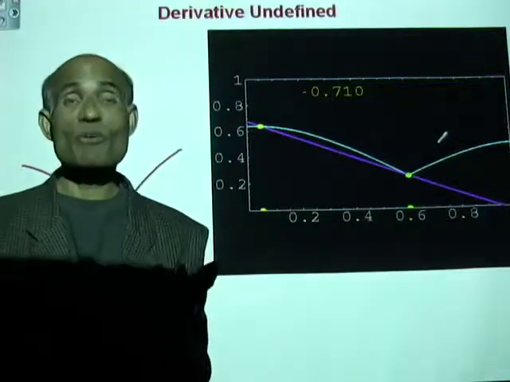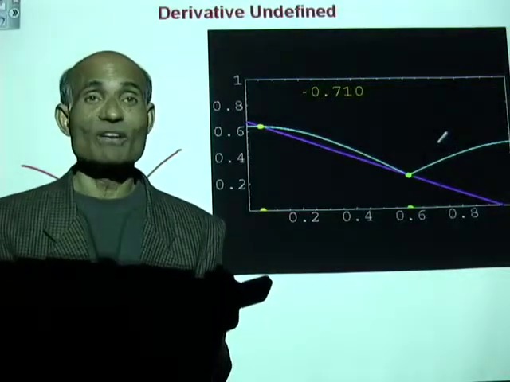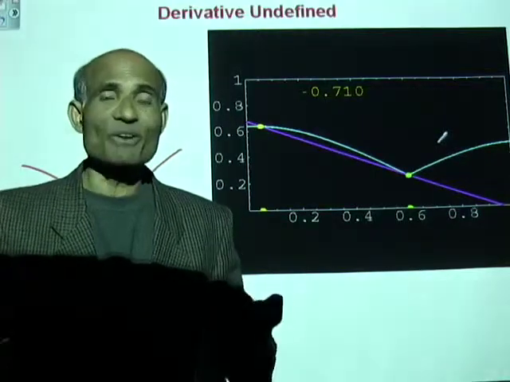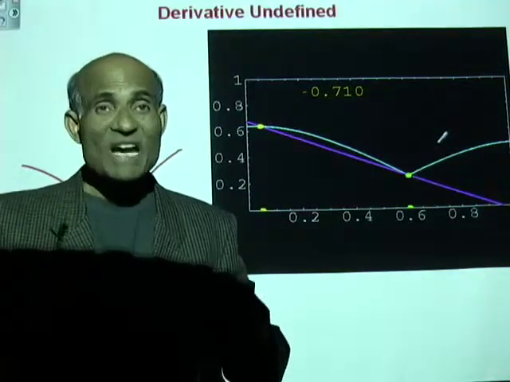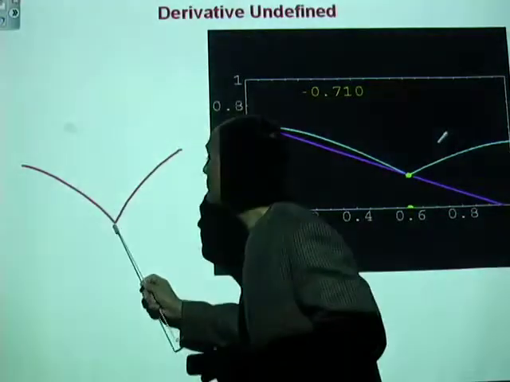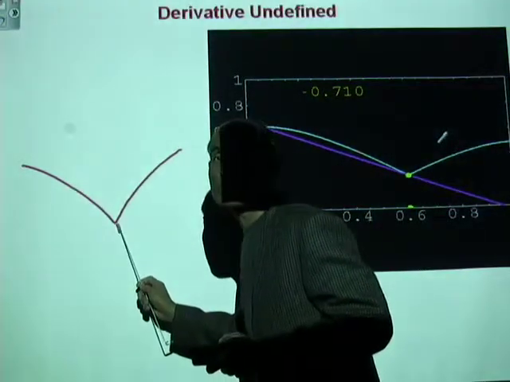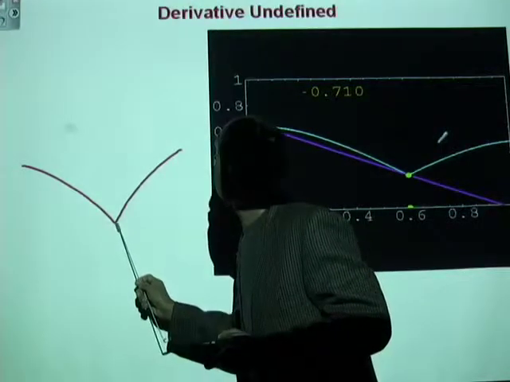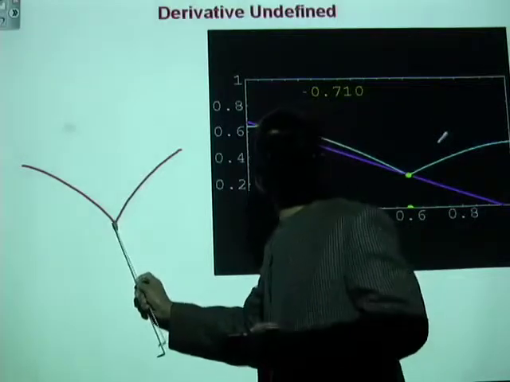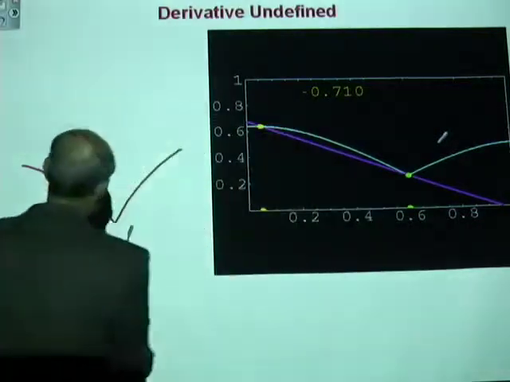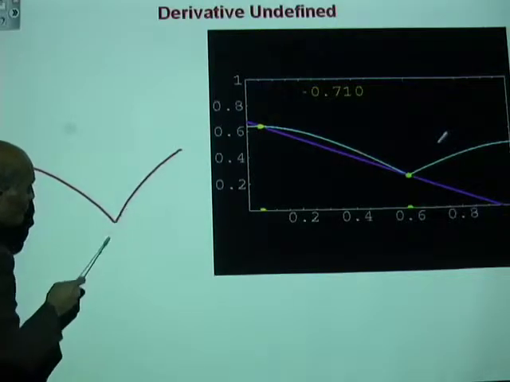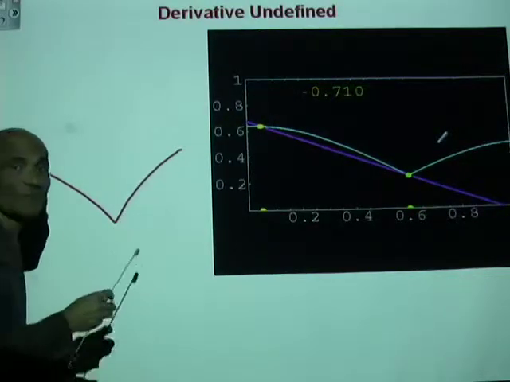Now, if you have more than one tangent line at a point, can you talk about the rate of change at that point? Does the rate of change have a fixed value there? No. Therefore, we say if the graph of a function has such a sharp turn, then the derivative at that point is undefined. Why is it undefined? Because it can have a tangent line like this and also a tangent line like that.